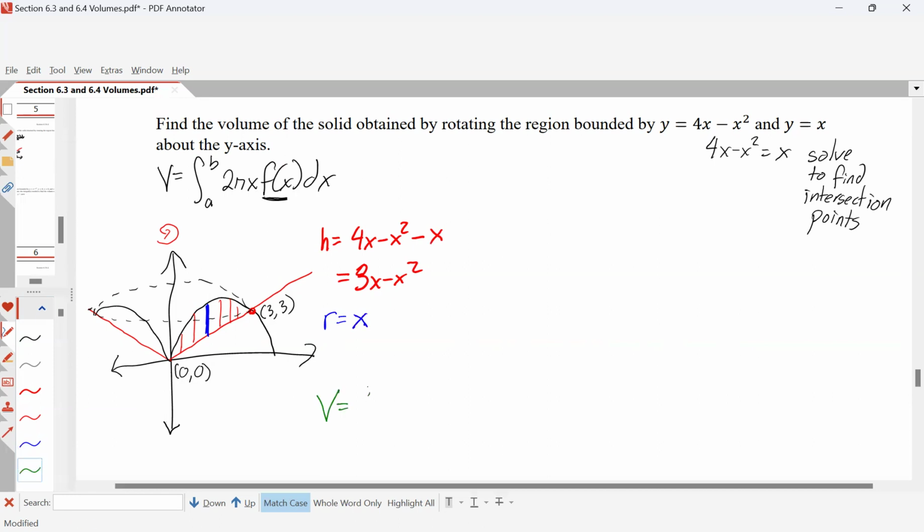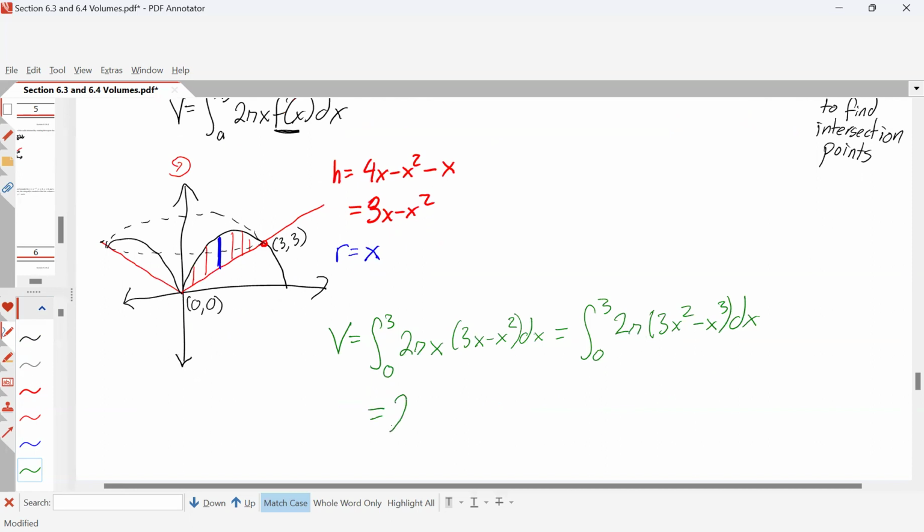Our volume integral is the integral between our intersection points 0 to 3, 2 pi x times 3x minus x squared dx. Or the integral from 0 to 3 of 2 pi times 3x squared minus x cubed dx.